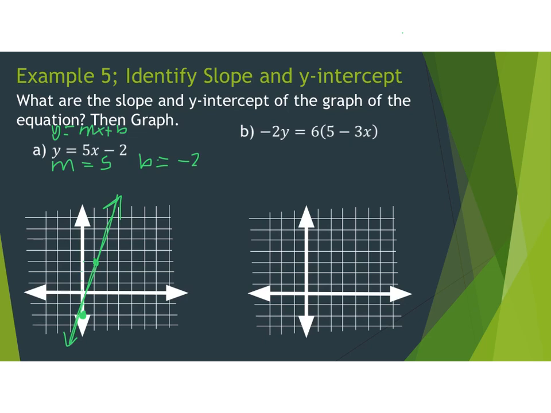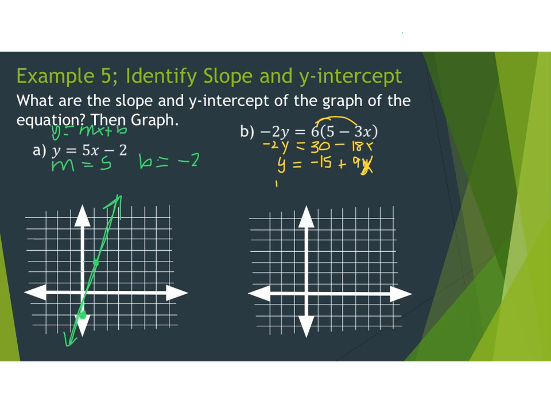And for example B, first thing we have to do is solve for y. So I'm going to distribute here and get 30 minus 18x equals negative 2y. And solving for y, I'm going to divide by negative 2. So I get a negative 15 and a positive 9x.